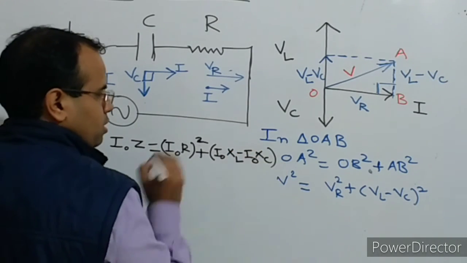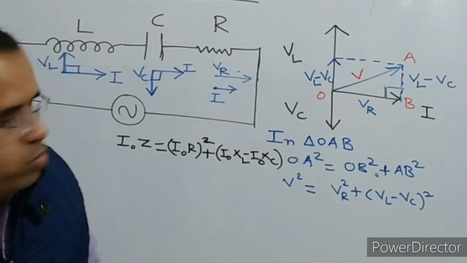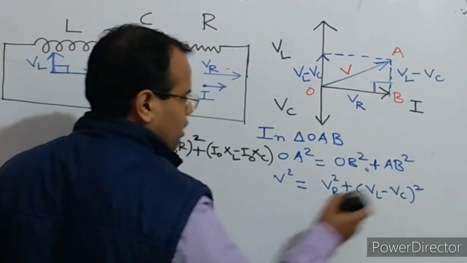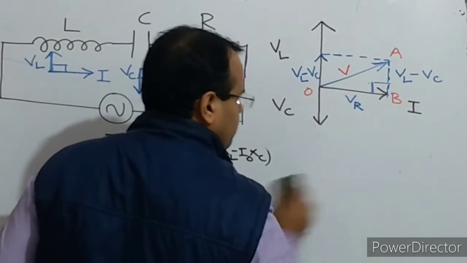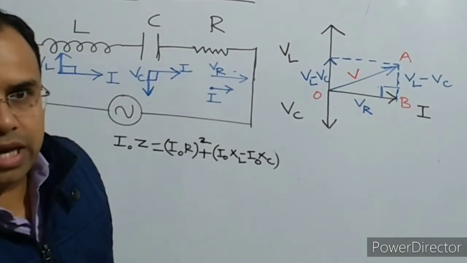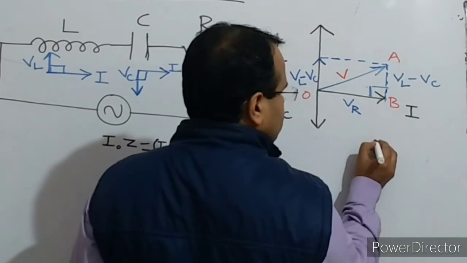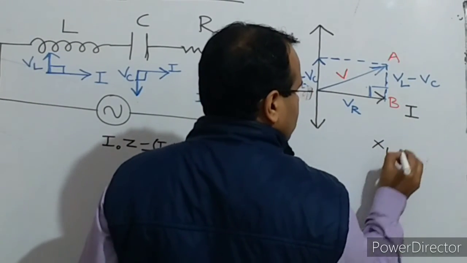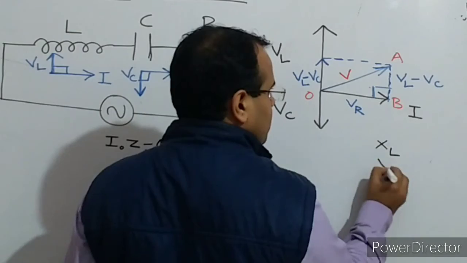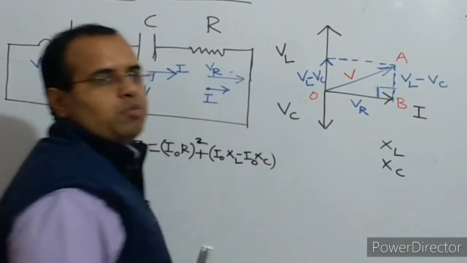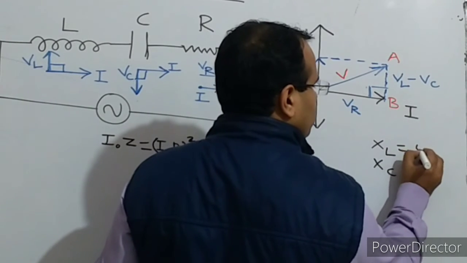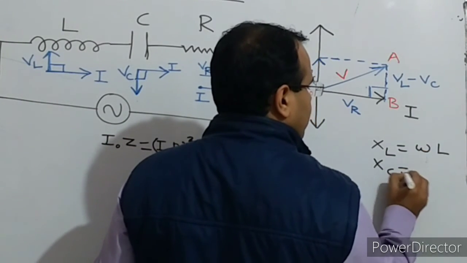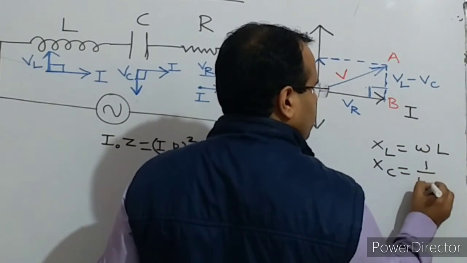We know that VL can be written as I naught XL and VC can be written as I naught XC, where XL is called the inductive reactance and XC is called the capacitive reactance. And also we know that XL is equal to omega L and XC is equal to 1 upon omega C.